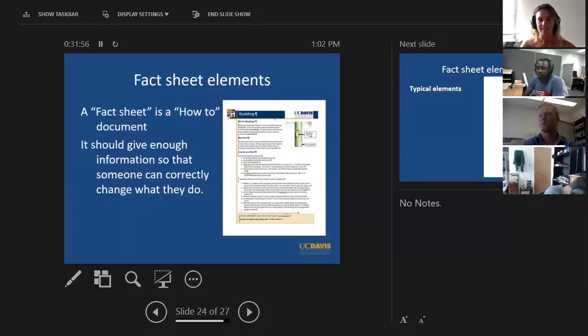Obviously today I'm running through this all reasonably quickly, but we have a very concise evaluation process. We evaluate a fact sheet on 3 factors. Number 1, we want it to be technically correct.